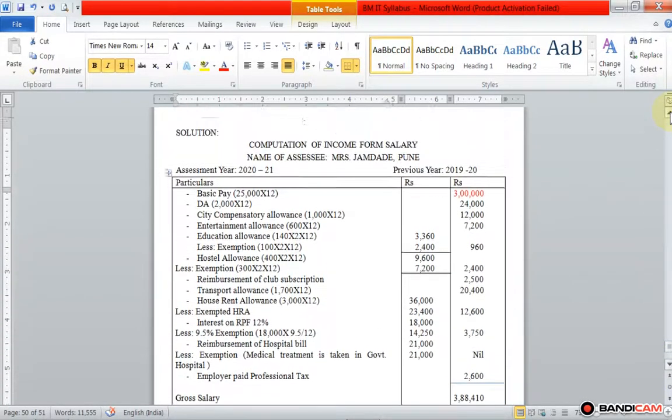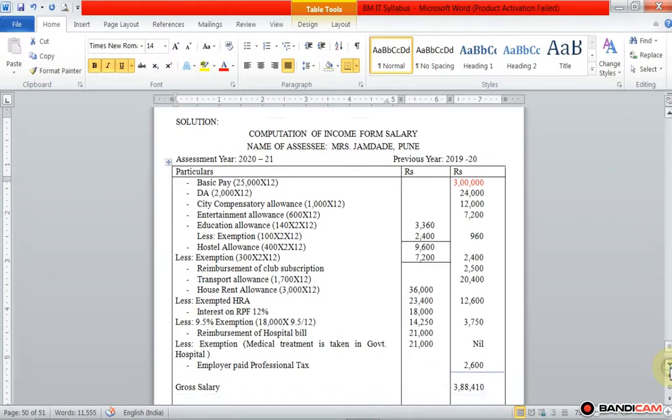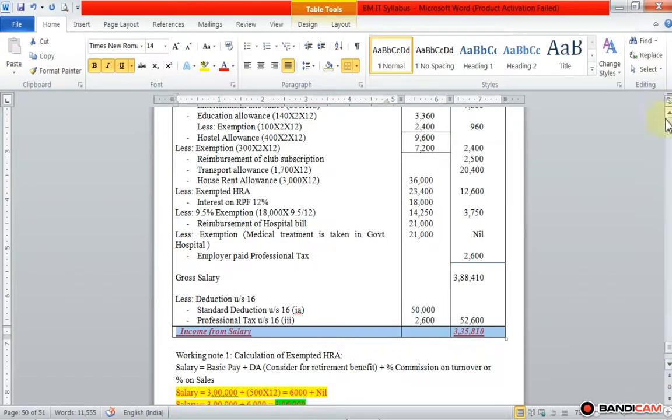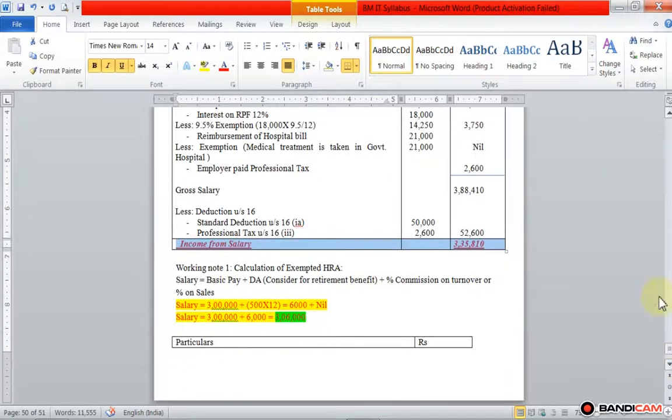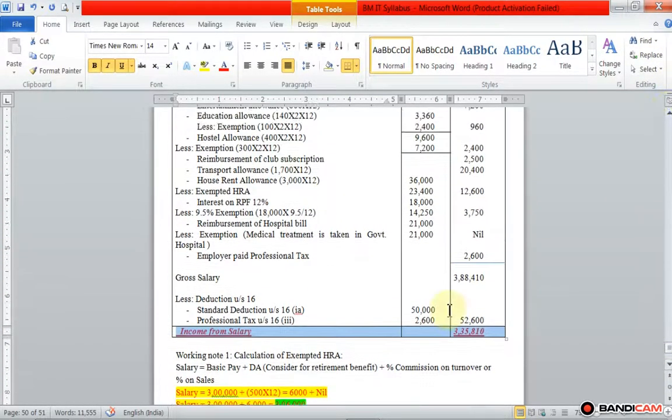So here we solved practical problem number 2 on computation of taxable income from salary. In our next lecture we will solve practical problem number 3 on computation of income from salary. Okay, thank you very much.